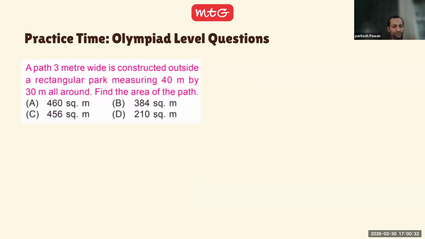So now the next question. Here the question says, a path 3 meter wide is constructed outside a rectangular park. So there is a rectangular park, and outside this park a 3-meter wide path is created.